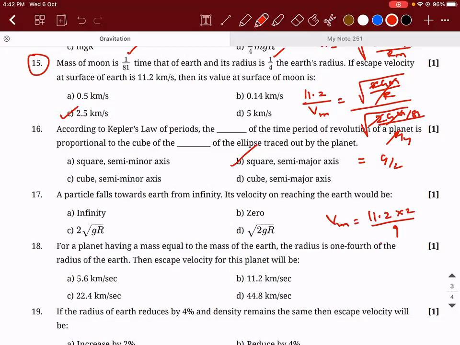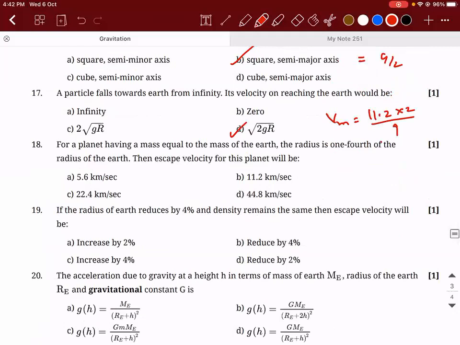So if the reverse happens, what should be the answer? Same, sir. Sir, won't the sign change, but it's given velocity. You need not. Is there any option with the sign? No. Okay, so you need not worry about it.